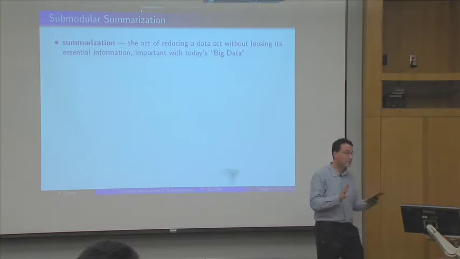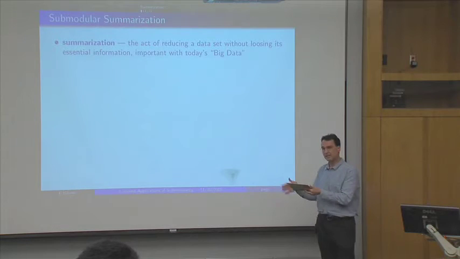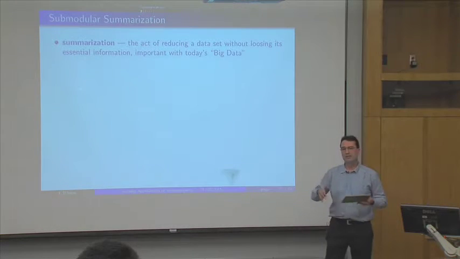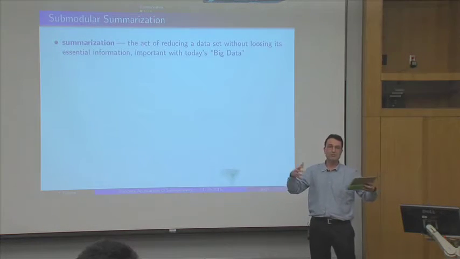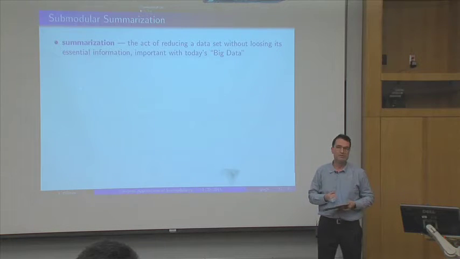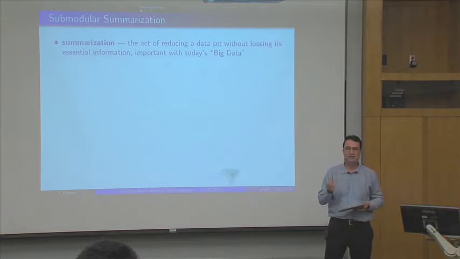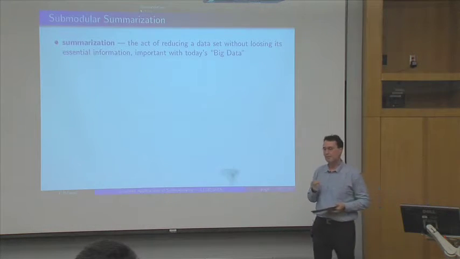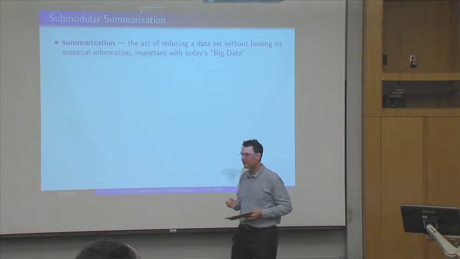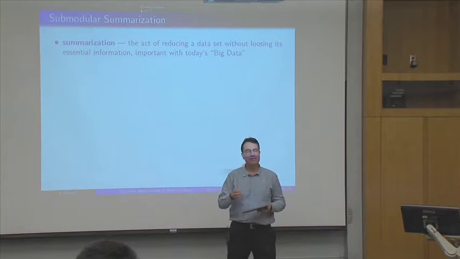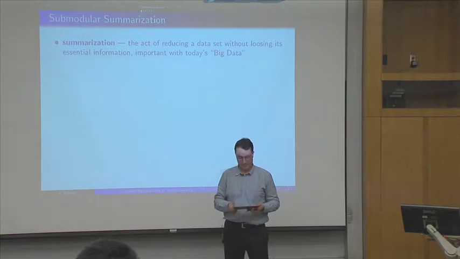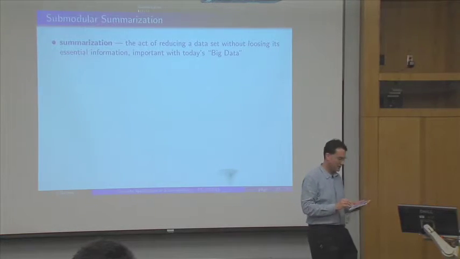And so the idea of summarization, which is what I think submodular functions address, is the idea of taking data sets and reducing them to their core, to their irredundant, essential set of elements from which you can essentially infer the same stuff, but with much less computation, and thereby achieve this idea of information efficiency. So that's the idea. Okay.